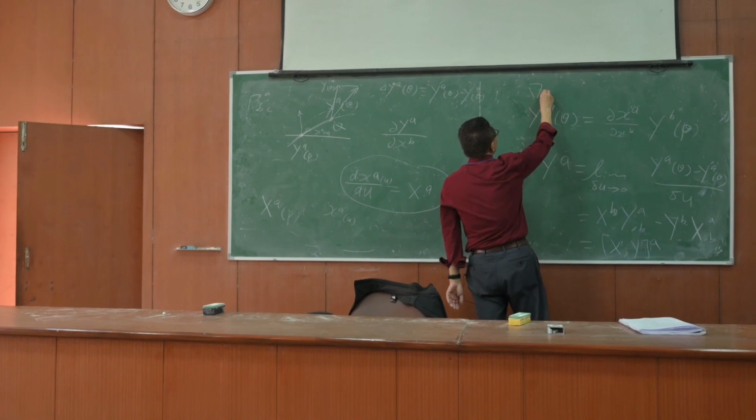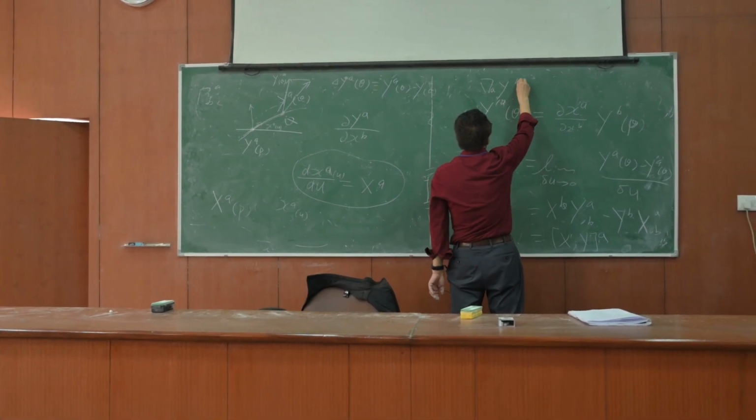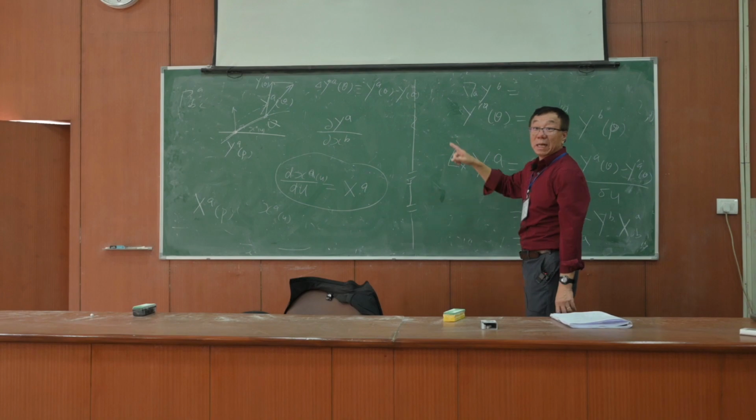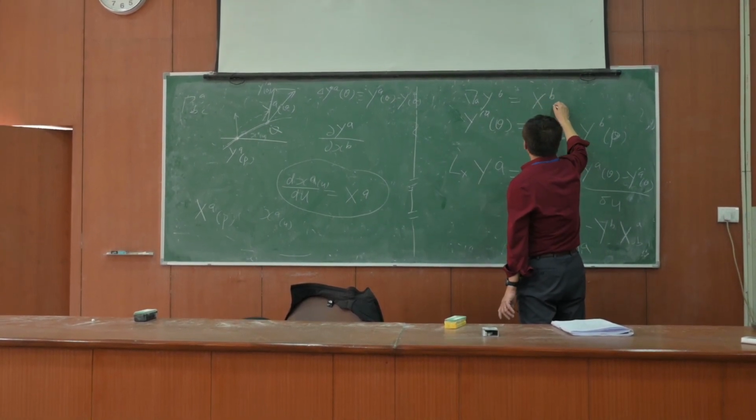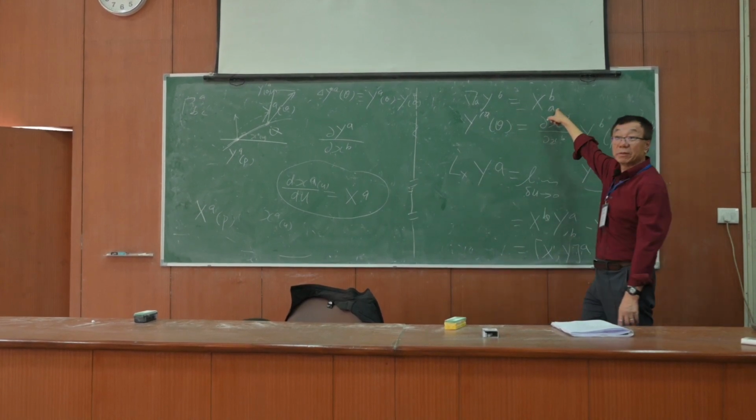So that I can get the following: delta A, Y, B becomes a vector. So this is actually x, b, a. By definition, this becomes a tensor.